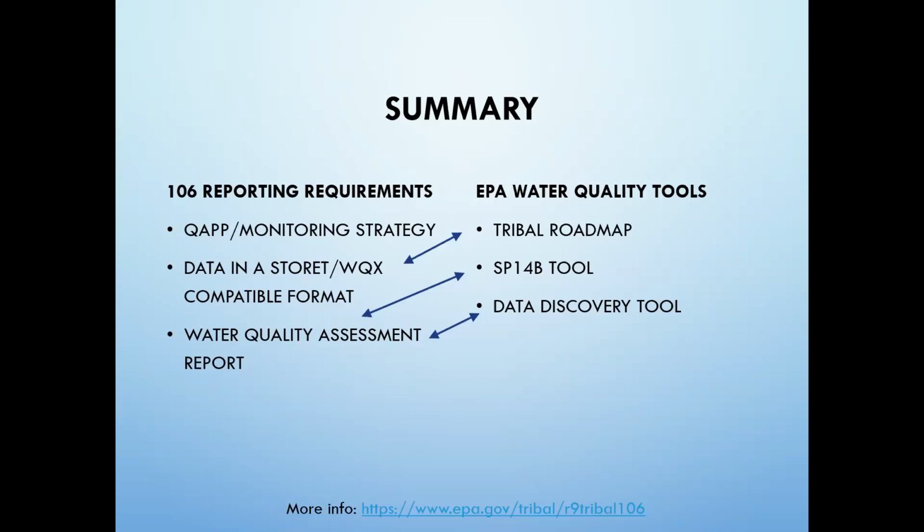And then EPA has some tools that we can offer to help you out with these reporting requirements. So the tribal roadmap that Sophia covered can help with your QAP development and getting your data in a compatible format. And then the SP14B tool and the data discovery tool can help with your water quality assessment report.